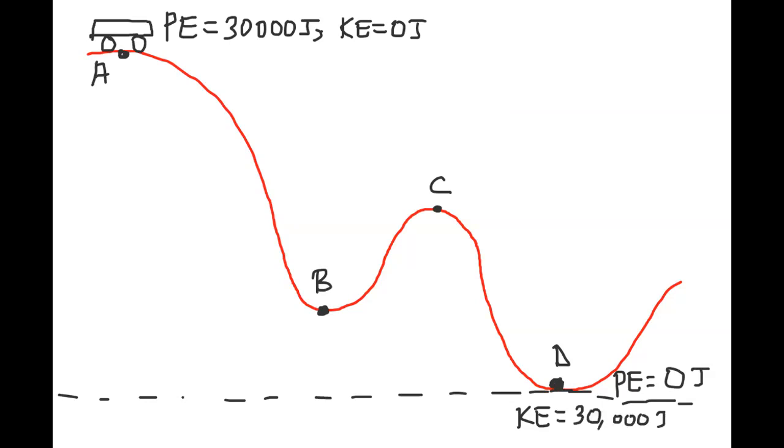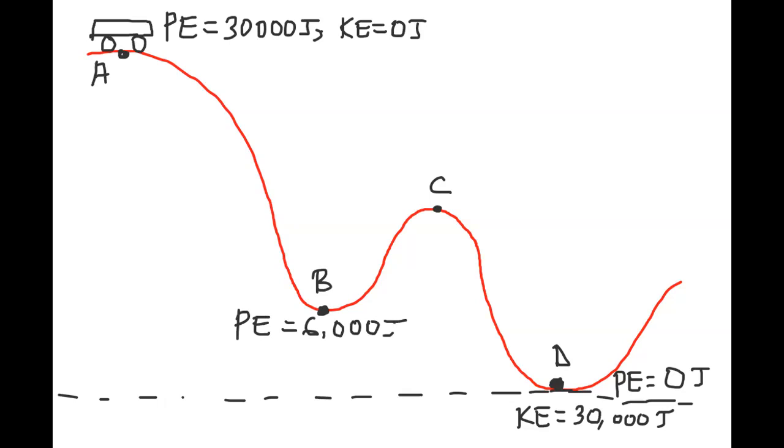joules of kinetic energy. Now, I just want to give you the results at point B. Let's assume that at point B, just making up a number, I tell you that potential energy is 6,000 joules.